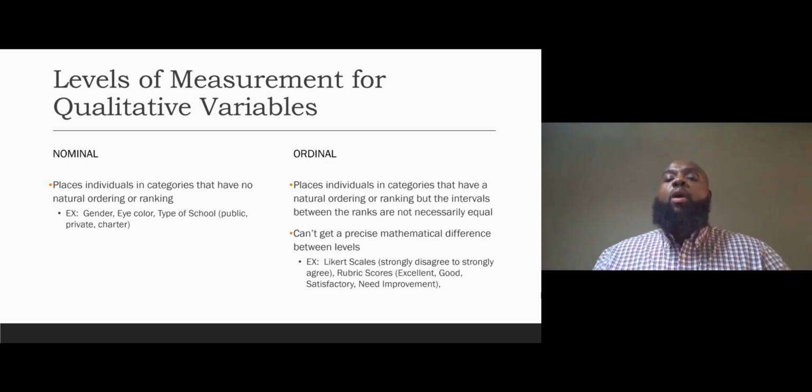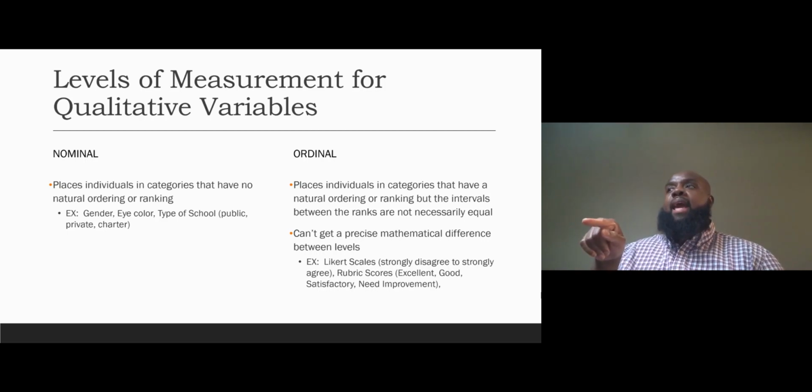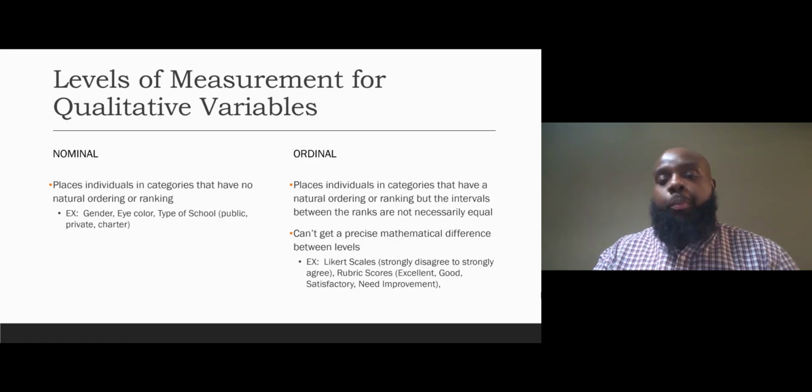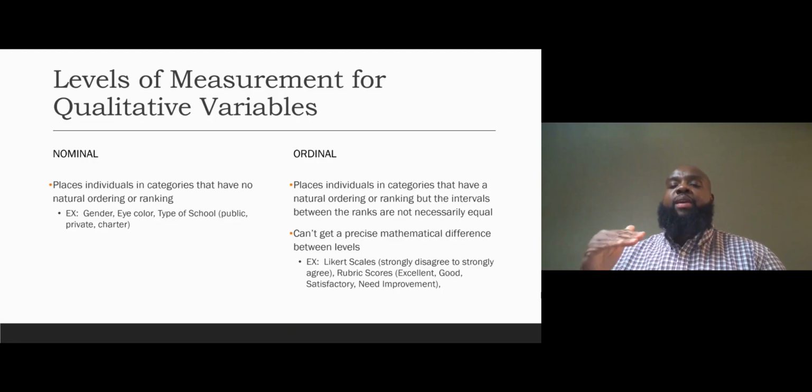All right. Now, one thing about that is that the intervals between those rankings or that ordering of the categories are not necessarily equal, right? Let's look at our second example here, rubric scores, right? Where we have excellent, good, satisfactory, and needs improvement.